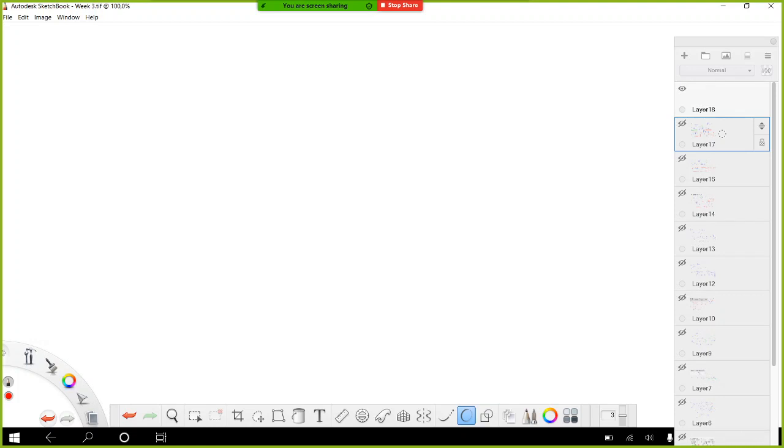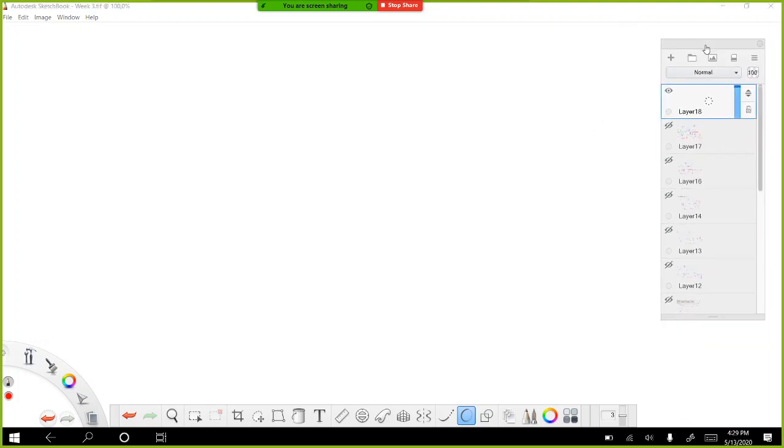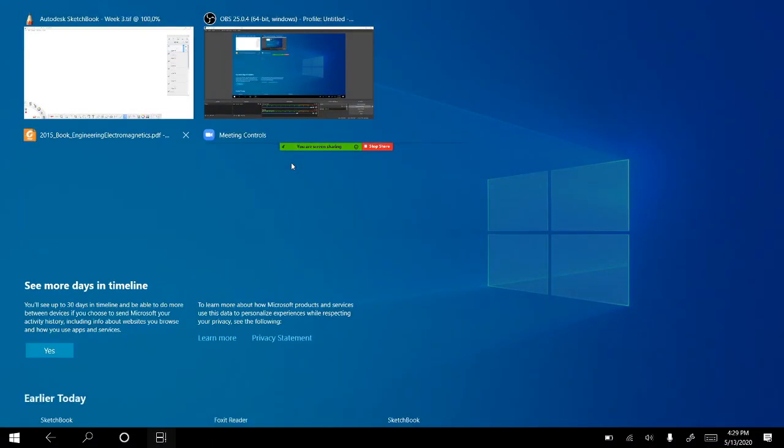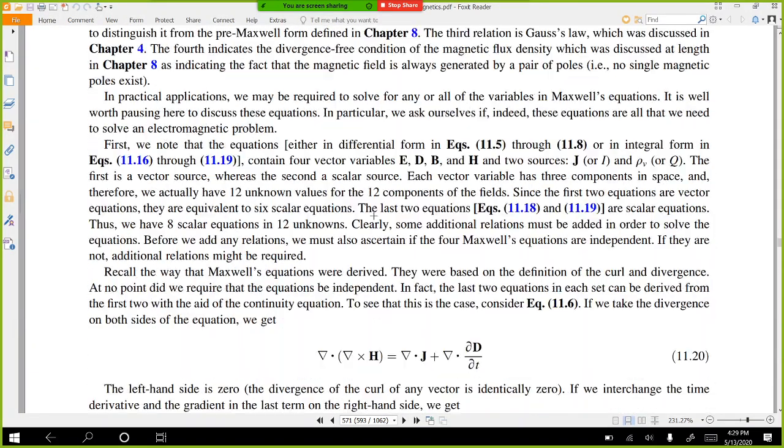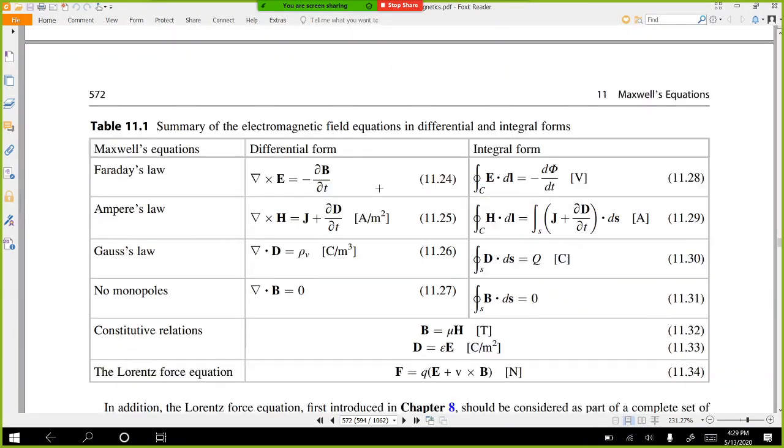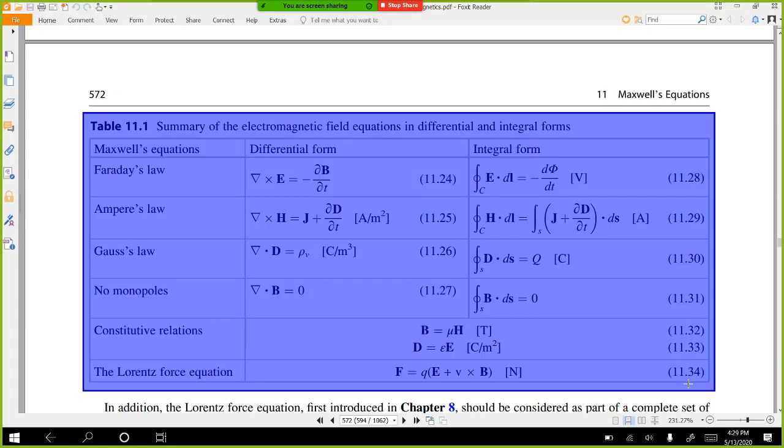Now we may look in the table which concludes the table summary of electromagnetic field equations in differential and integral forms.